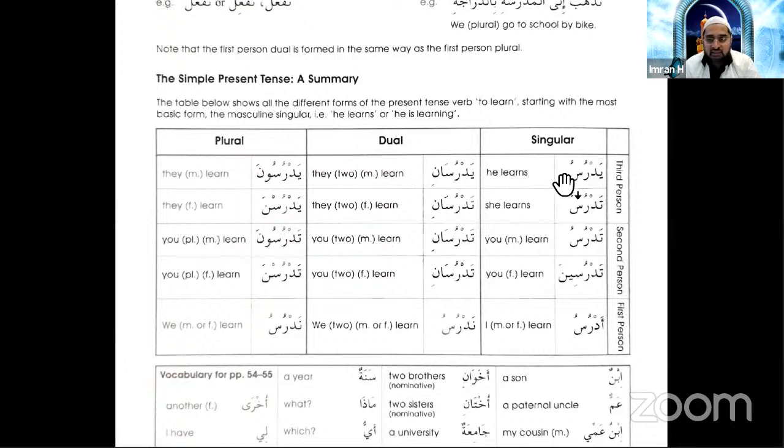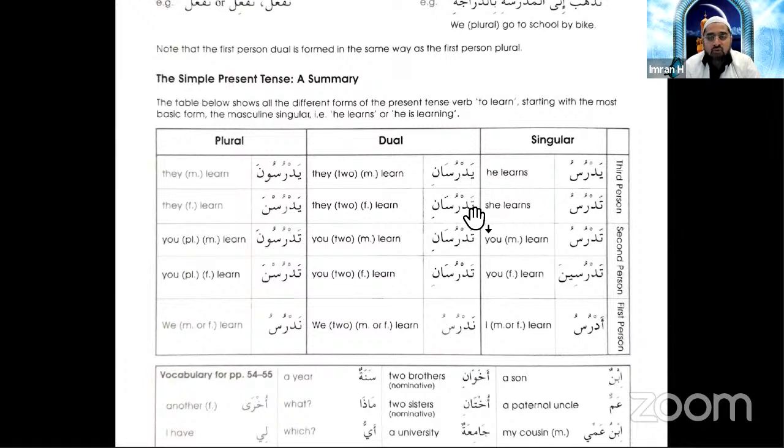So yadrusu, he studies or he learns. Yadrusani, they two learn. Yadrusuna, they all learn. Then the next three: tadrusu, she learns. Tadrusani, they two learn. Tadrusna, they all females learn. So over here, in the first two, we are changing the ya to a ta.